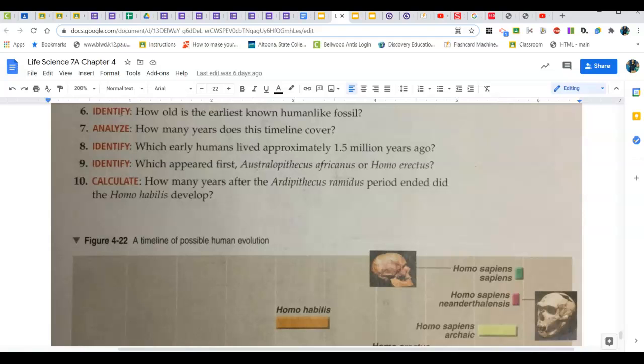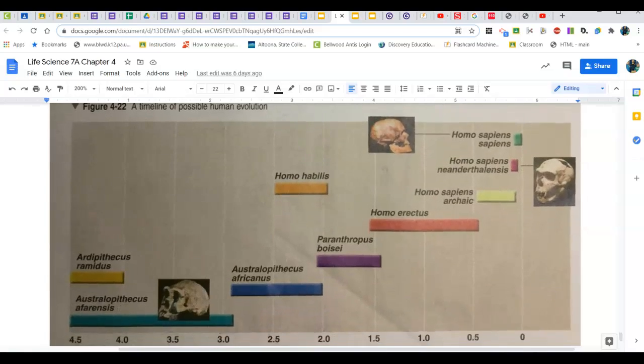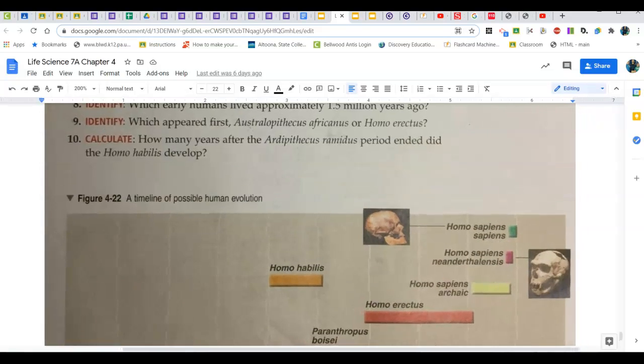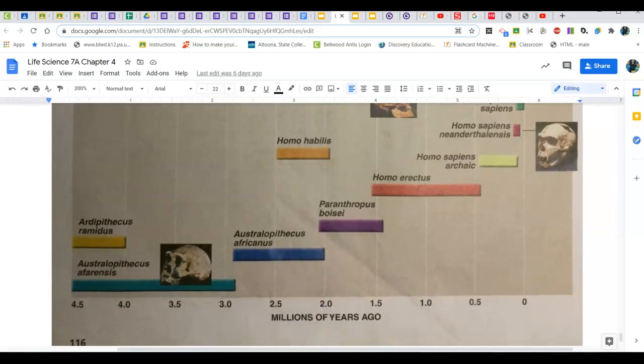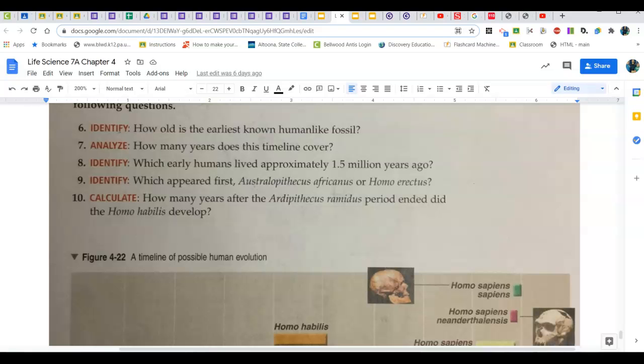How many years after Ardipithecus ramidus period ended did Homo habilis develop? So the Ardipithecus ramidus ended at 4 million years ago. Homo habilis was right around 2.5 million years ago. So 4 minus 2.5 gives you 1.5 million years.